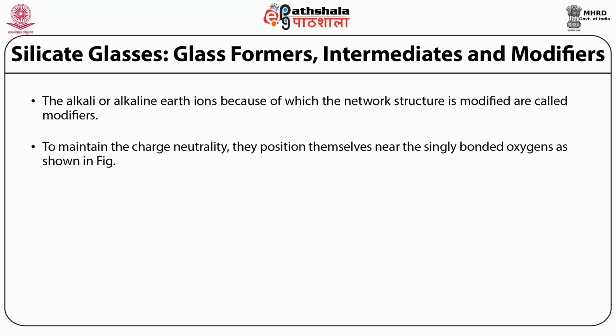The oxygen which is connecting one structure to another is called the bridging oxygen, whereas the oxygen which is not connected to another structure is called non-bridging oxygen. However, there are silicons present in between, which form the network formers. Students, you can also see that some ions present in between are known as modifiers, just to maintain the charge neutrality.